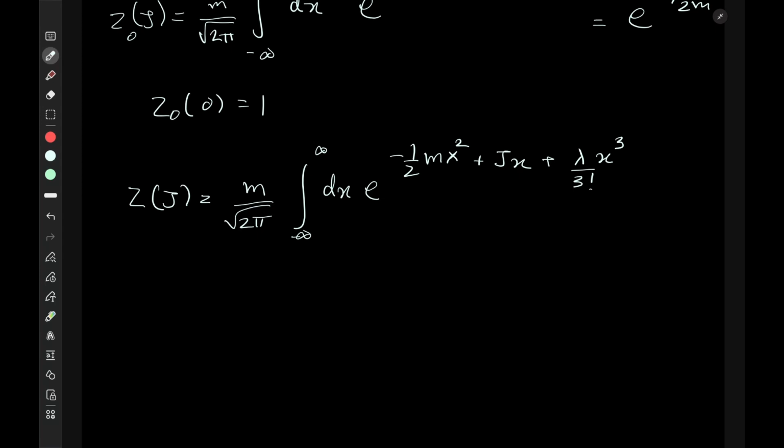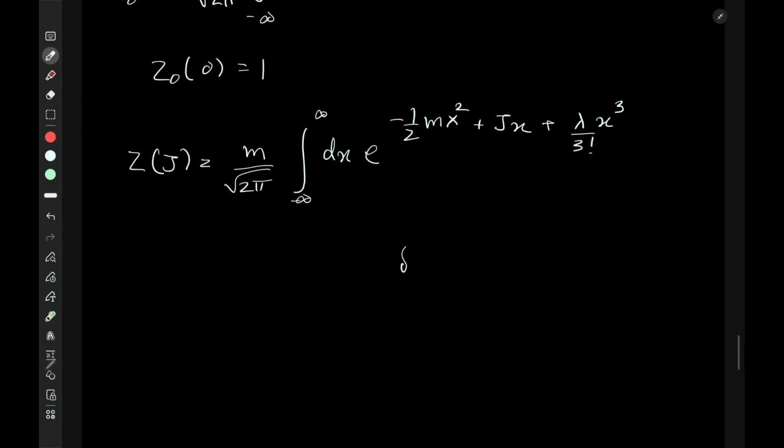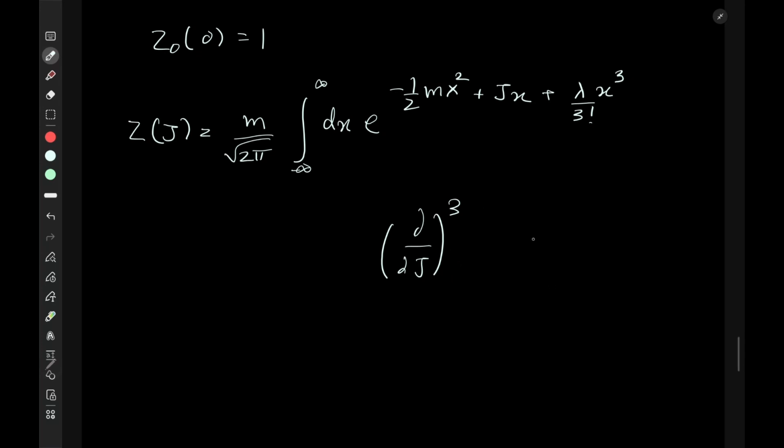I would have split this in a similar fashion, and I would have a d over dJ cubed this time, and all other things would have been the same. And this would mean that now my vertex factors, or my vertices, would look like this, not like this.